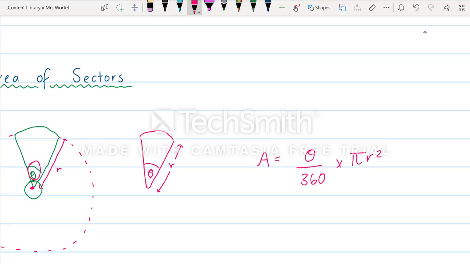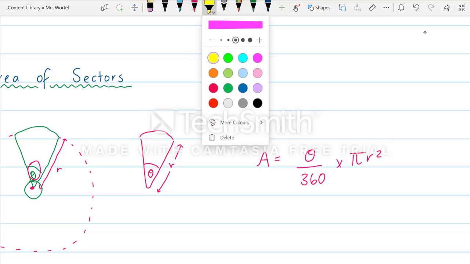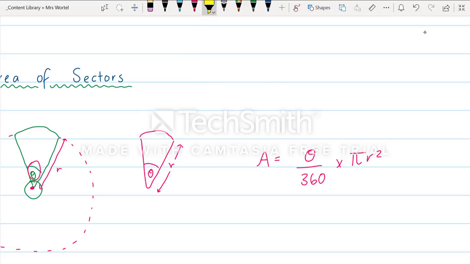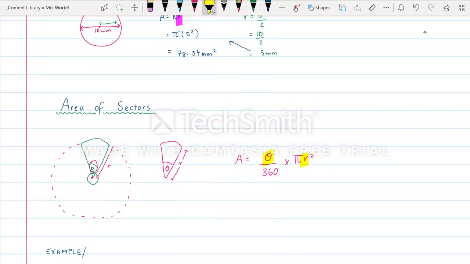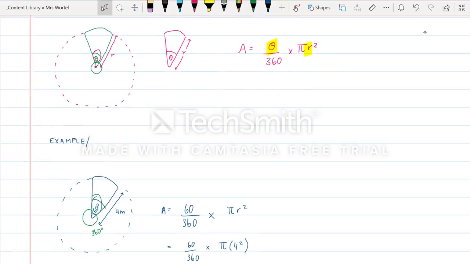So there's really just one more thing we need to know. Pi r squared is when we're working out the area of a circle. Theta over 360 multiplied by pi r squared is the area of a sector. So when we're doing areas of sectors, instead of just needing to know r, we need to know r and theta. So we've got two unknowns there that we need to know. But the actual math, the doing of the equation, is not really much more difficult. There's just another step to remember.